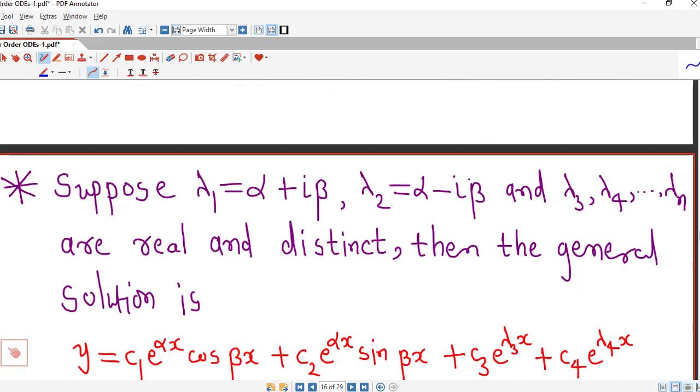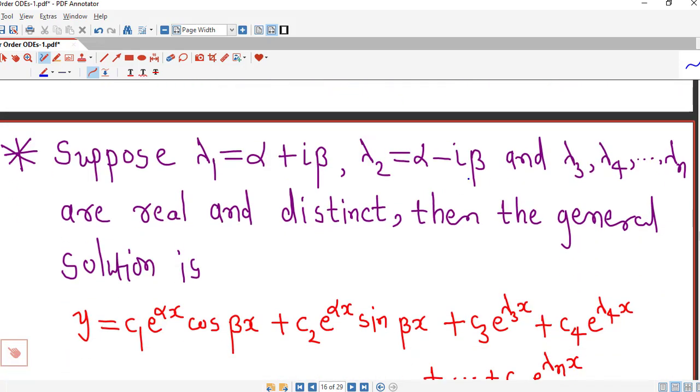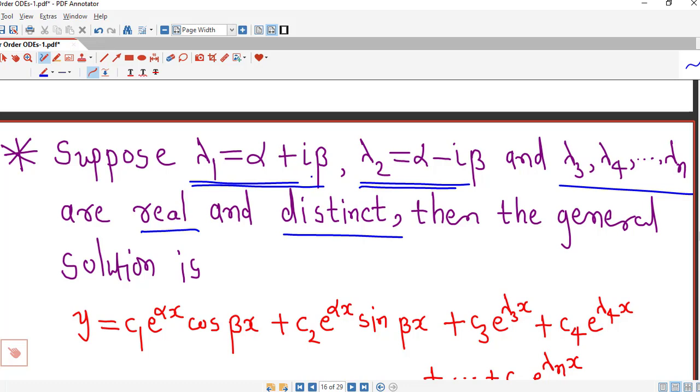Now we consider another possibility of complex roots. Suppose we have two complex roots, lambda 1 equal to alpha plus i beta, lambda 2 equal to alpha minus i beta, and remaining roots are real and distinct. As we know, complex roots always occur in pairs and they are conjugates of each other.